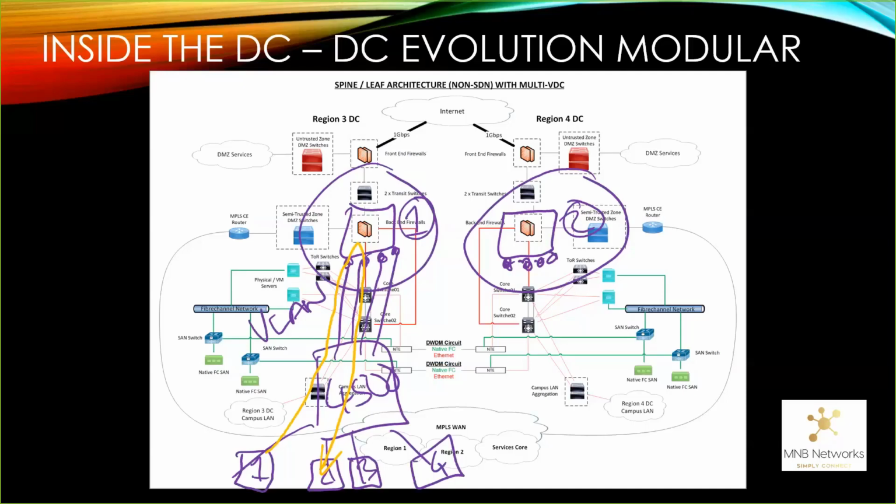Then if you look at a web, middleware and database, or web, application, database tiering model, in order for those to talk to each other, they have to go through the firewall via that orange line.